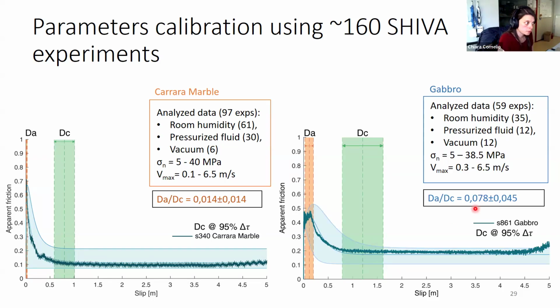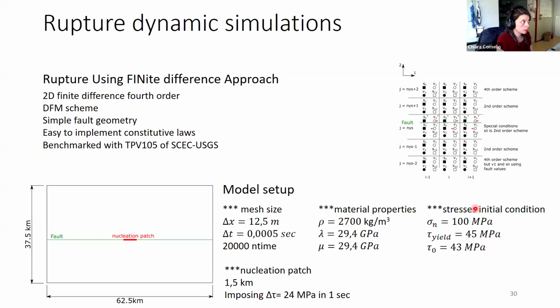So then we decided to implement the Ohnaka friction law in a dynamic rupture code called Rufina. The code was initially developed by Stefan Nielsen and Shane Murphy. Together, we implemented different constitutive laws and benchmarked the code using the TPV 105 of the SCEC.